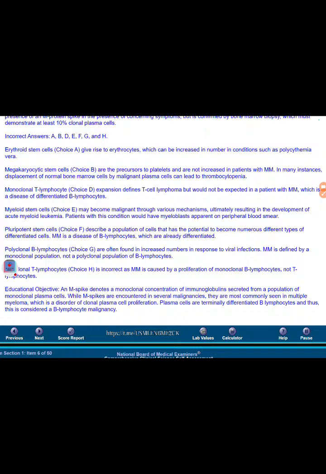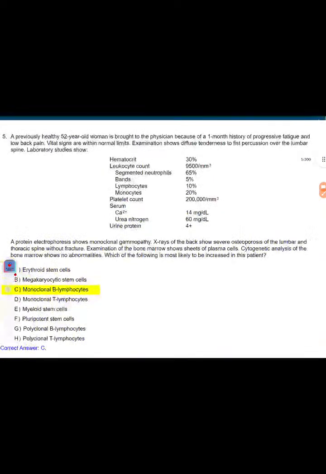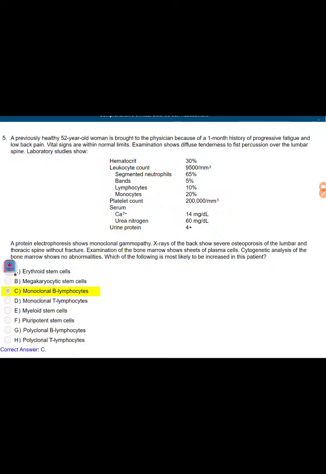Differentiated B lymphocytes are the problem. If you see the bone marrow, you can see sheets of plasma cells. This is definitive of multiple myeloma. If 10% are there in the bone marrow, then you can confirm it is multiple myeloma.